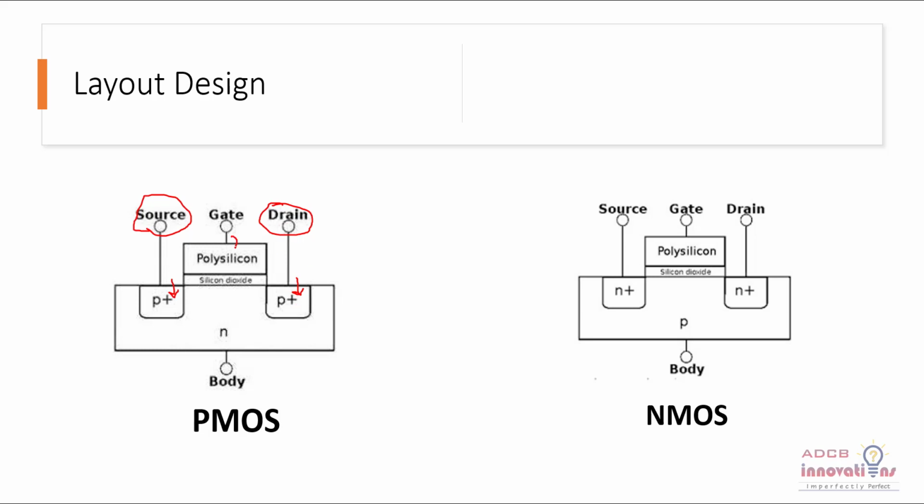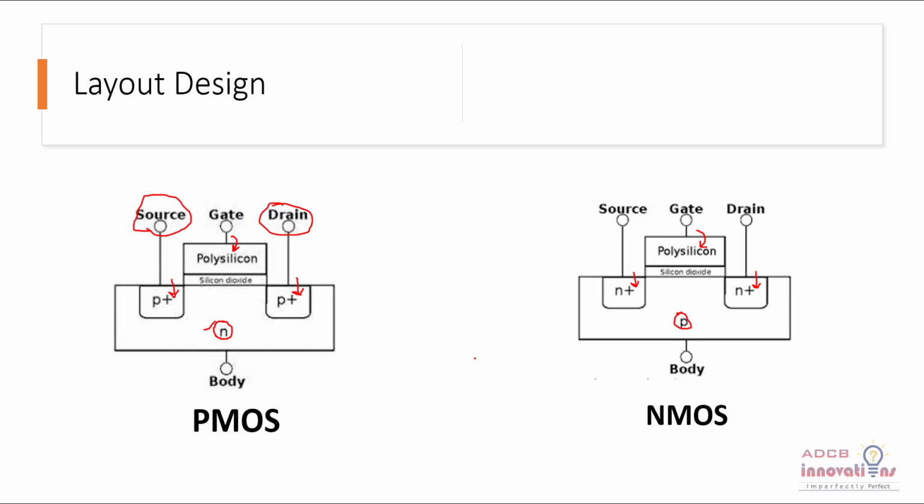The gate is connected to polysilicon. In the case of PMOS, there is an N type substrate, the N-well. Similarly, in the case of NMOS, there is a P type substrate, source and drain are connected to N plus diffusion, and the gate is again connected to polysilicon.